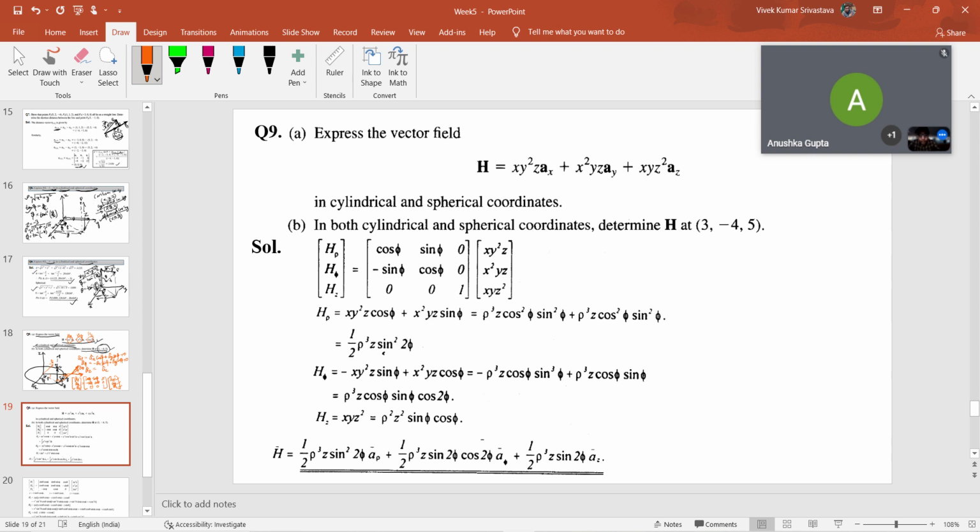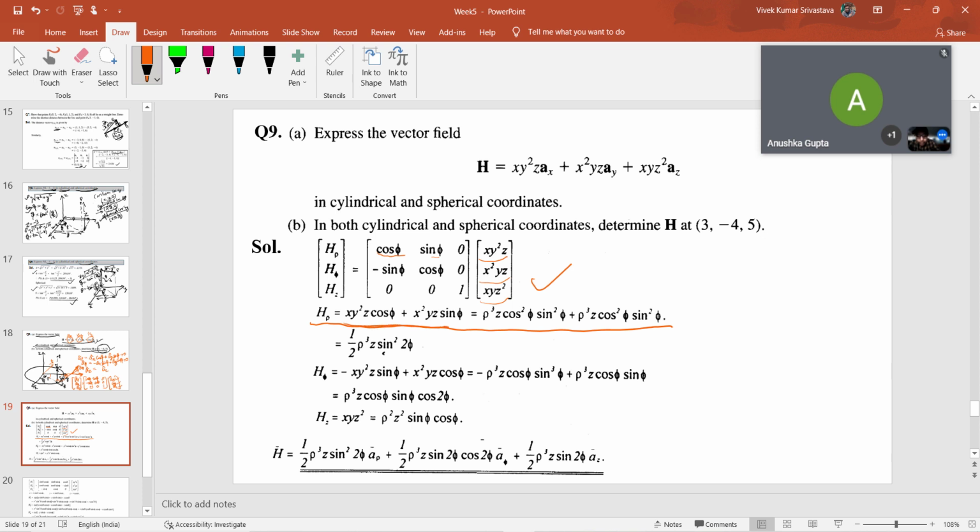Here I am using the same matrix and just replacing the hx, hy and hz components. So h rho is cos phi into hx, sin phi into hy, and 0, so that's how you can find the value of h rho.